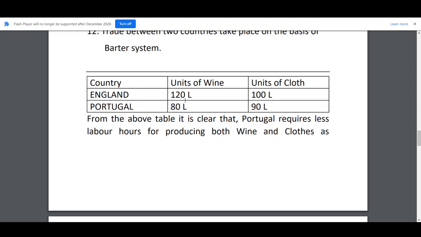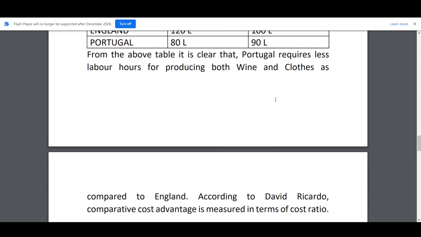In the production of wine, only 80 hours of labor, and in the production of cloth, only 90 hours of labor. But in the case of England, we are comparing Portugal with England. Therefore, it is known as comparative cost difference. In the case of England, to produce a particular unit of wine, 120 labor hours are required, and in the case of cloth, 100 labor hours.